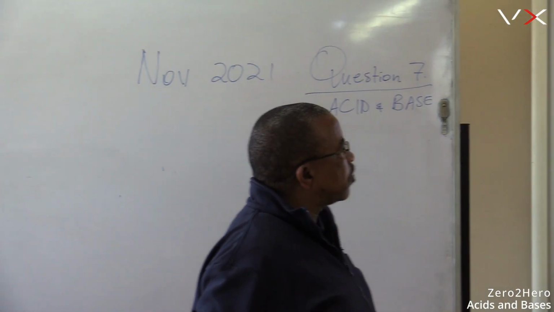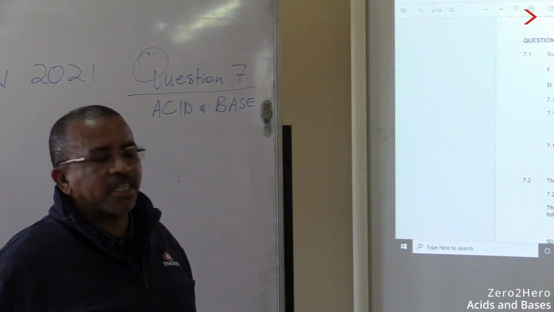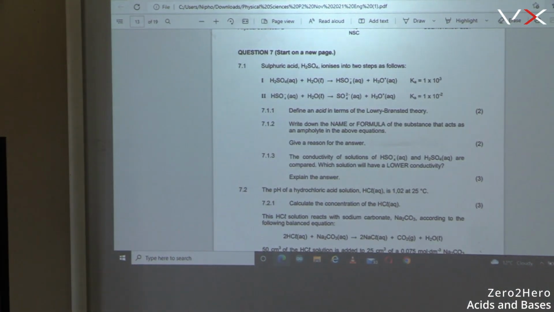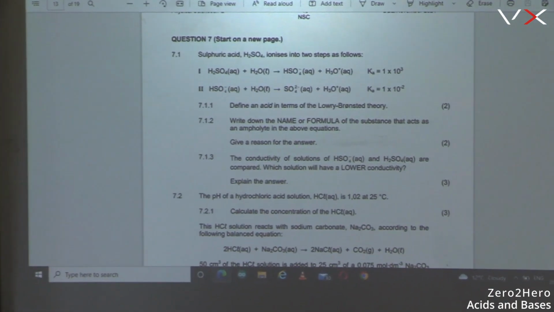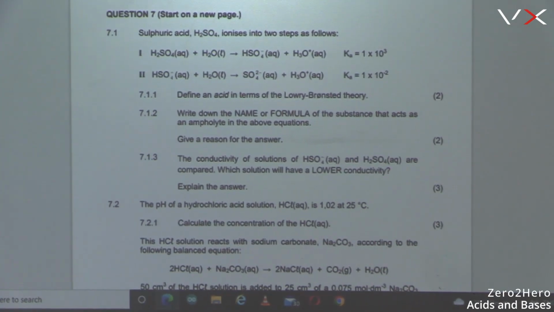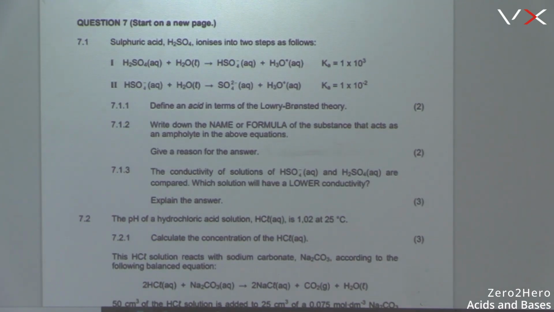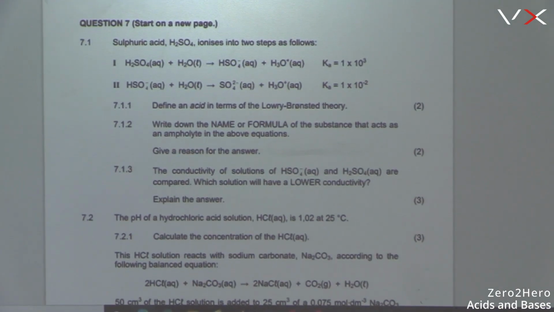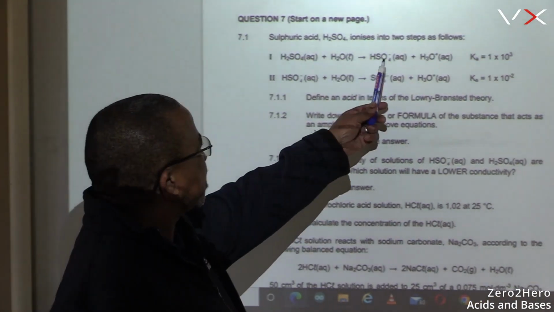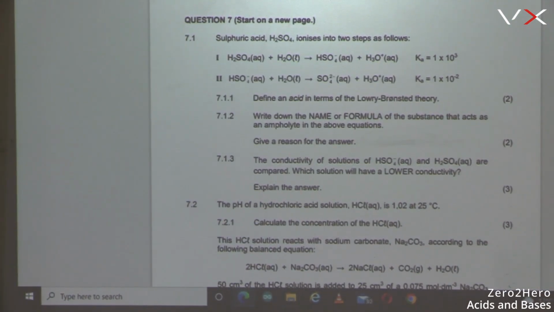Look at the acid dissociation constant, that is the Ka value. For the acid here it is 1 × 10⁻³, minus 2, and above it is 1 × 10³, which means H2SO4 releases H+ easily. So it releases H+, the solution becomes ionized easily because the Ka value is greater than 1.